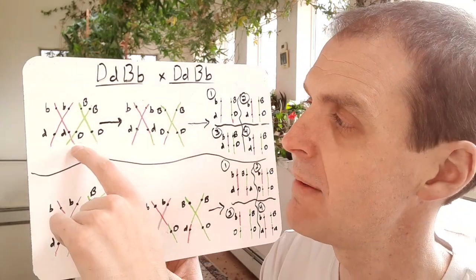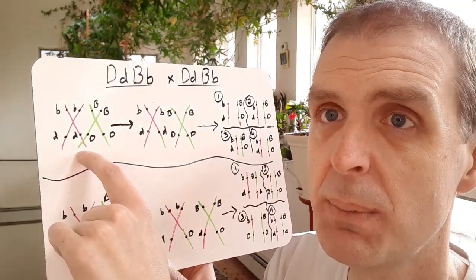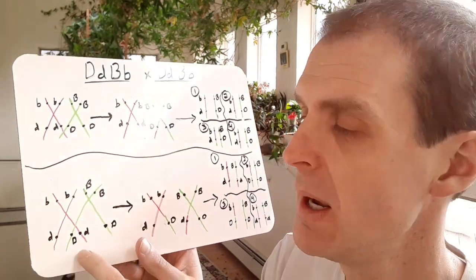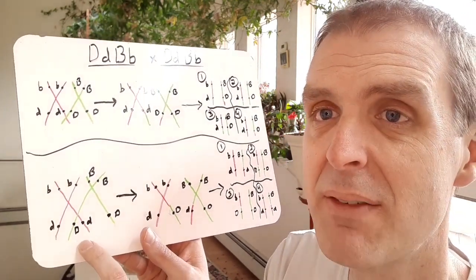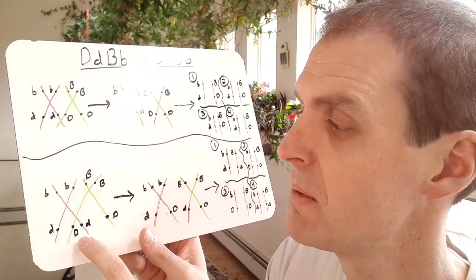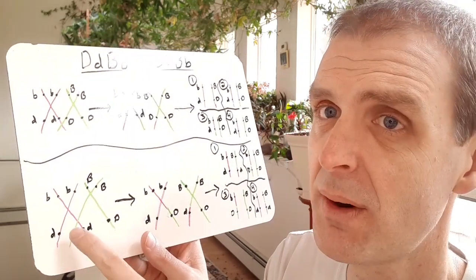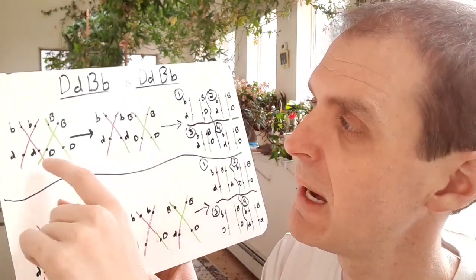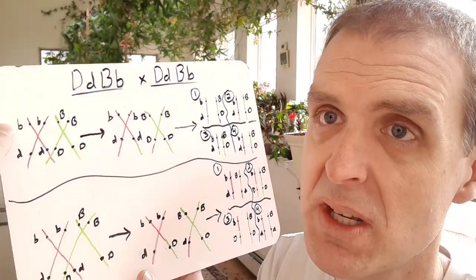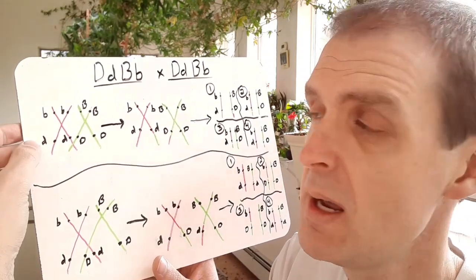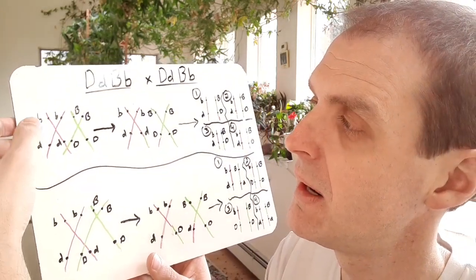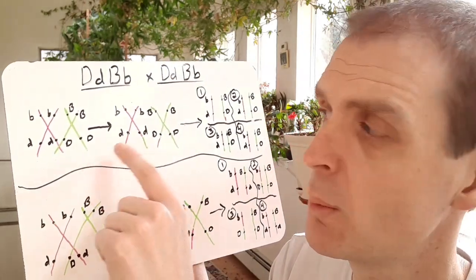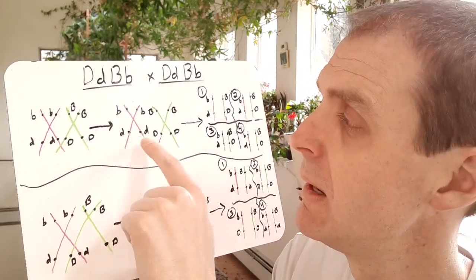Up here, I've drawn it so that where the pink and the green chromosomes cross, they don't cross by much. And then in this picture, I have it drawn so that the pink and the green chromosomes, the chiasma is further up in towards the middle of the chromosome. And the thing about that is we're following these genes B and D, and they are both above the point where the chiasma was here.